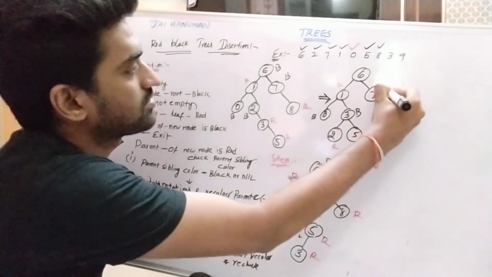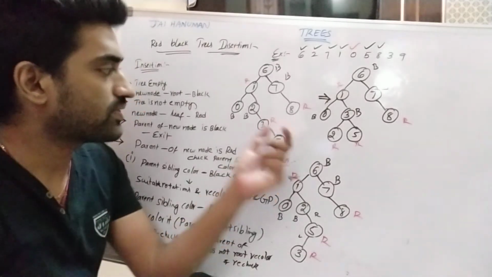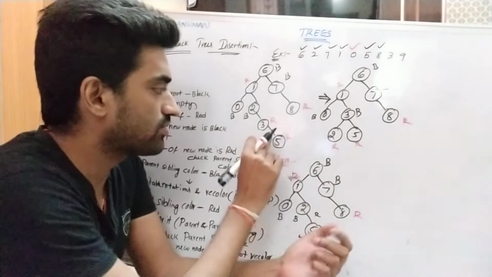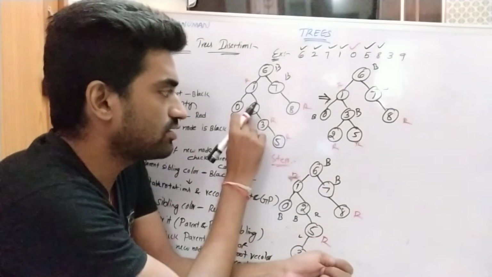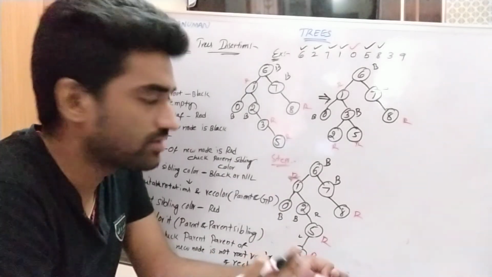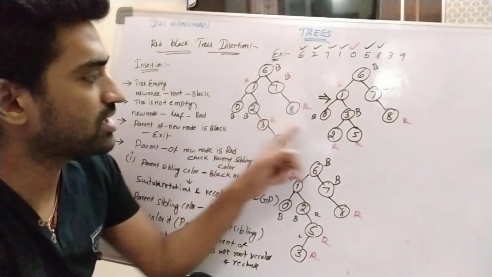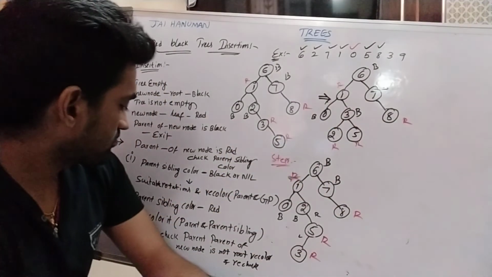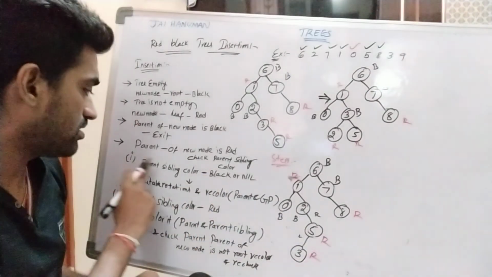This is also black. This is also black. So here the rotation is completed. The parent is 3, the grandparent is 2. Then we recolor: 2 becomes red, 3 becomes black. Now check whether the tree is a red black tree or not. So here all the operations are complete.